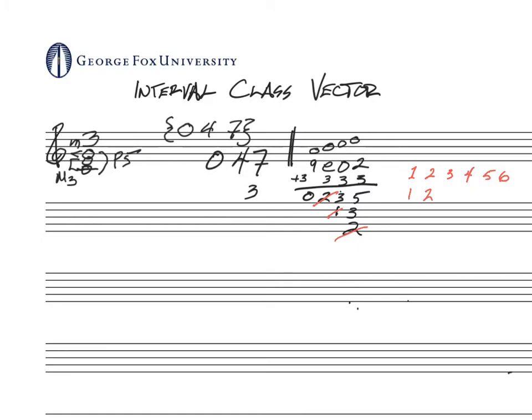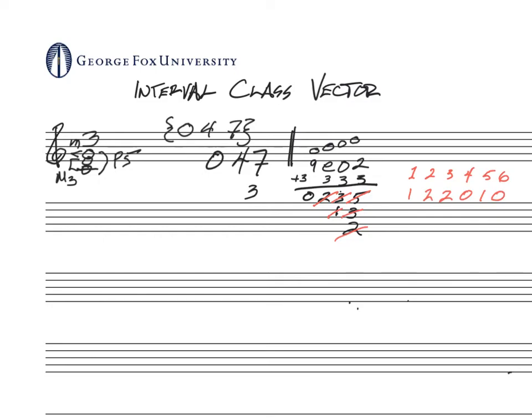How many of interval class 3? I misspoke earlier. We have this one and that one. So 2 of those. How many of interval class 4? 0. How many of interval class 5? Just the 1. Good look for 5s or 7s there. And so we'll list that one. How many of interval class 6?